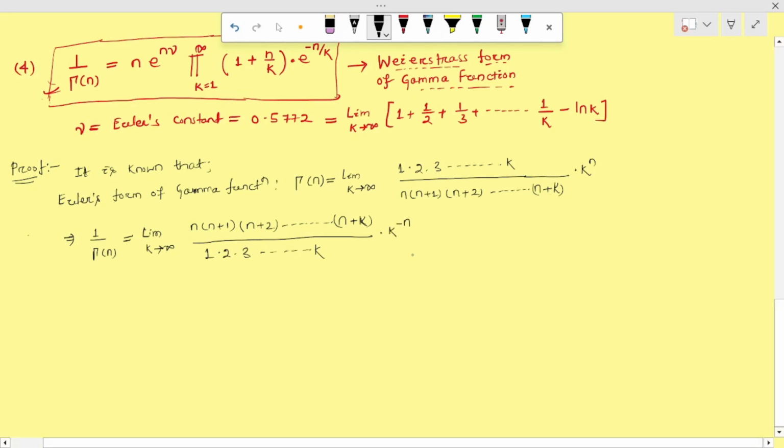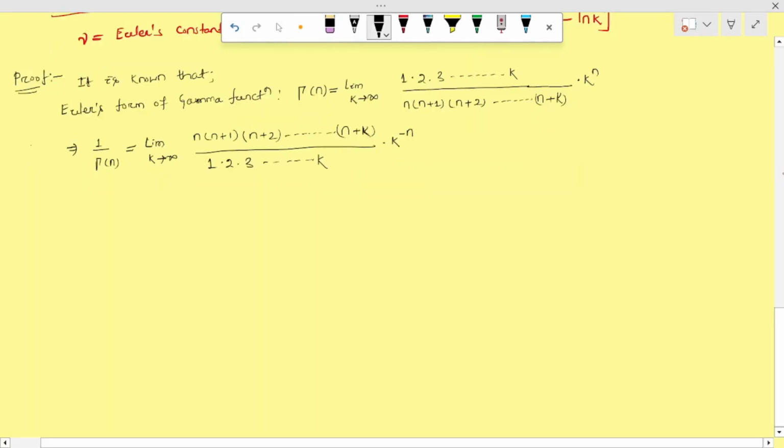This also can be written in this format: the limit as k tends to infinity of n into n plus 1 by 1, n plus 2 by 2, n plus 3 by 3, up to n plus k by k, whole into k to the power minus n.